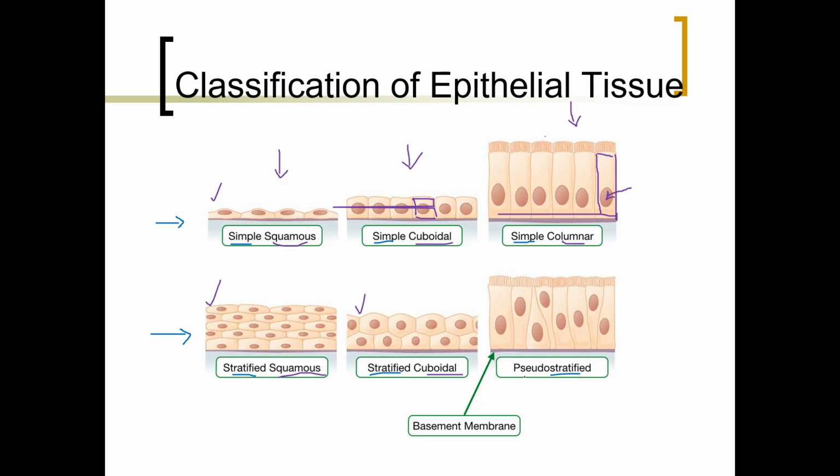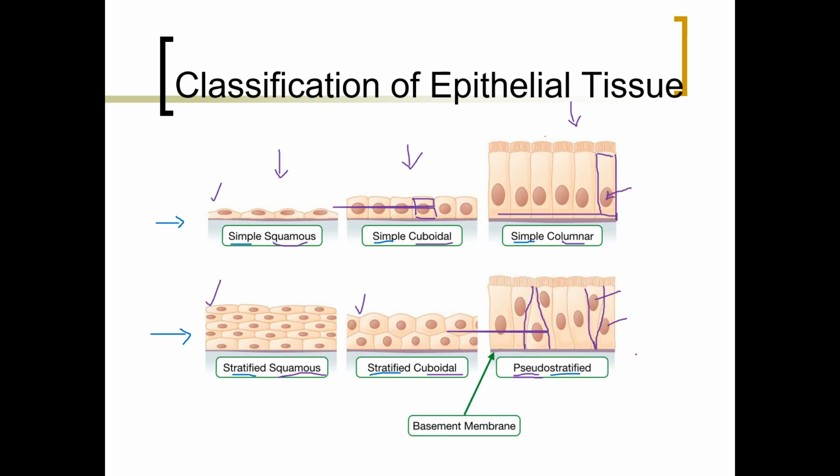Now, if you take a look down here, we've got pseudo-stratified. Pseudo means false. So when you look at this under a microscope, it's going to appear to be stratified because the nuclei are kind of all over the place. And if you notice, they're not really column-shaped. Some of these cells are kind of skinny at the top, some are kind of fat at the top and kind of skinny at the bottom, so they don't have a uniform shape.